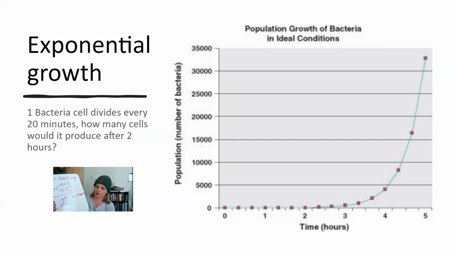In this case, we're going to have 2 to the 6th power, which is another way of writing 2 times 2 times 2 times 2 times 2 times 2. And if we put that into our math machine, we're going to get 64 bacterial cells after 2 hours if they double every 20 minutes.